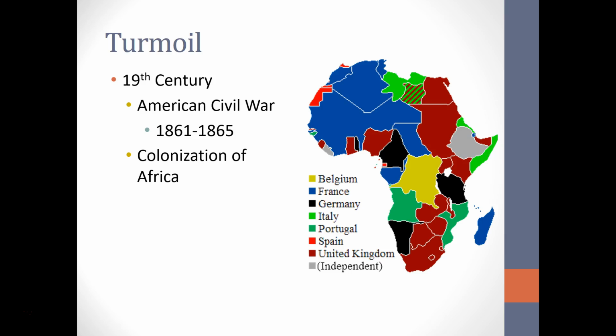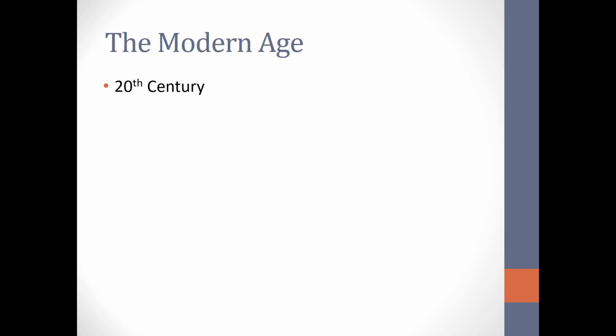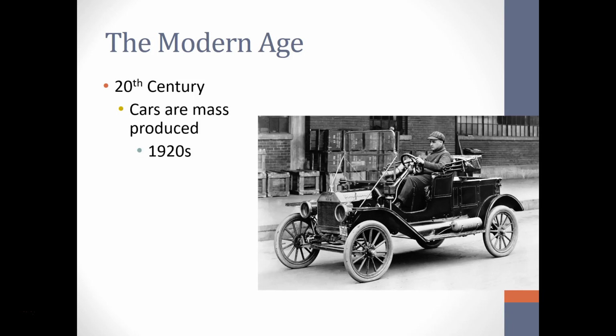Trying to click. So next we have the modern age. The modern age, 20th century, 1900s. So cars are going to be mass produced. This is huge. Henry Ford in the 1920s. He made the old corny joke that the Model T Ford, the first Ford, could be any color you wanted as long as it was black.